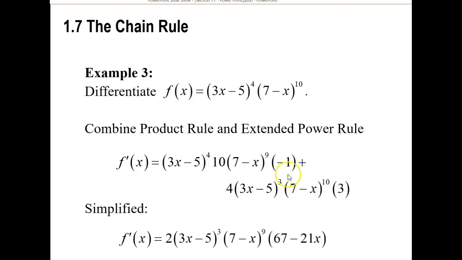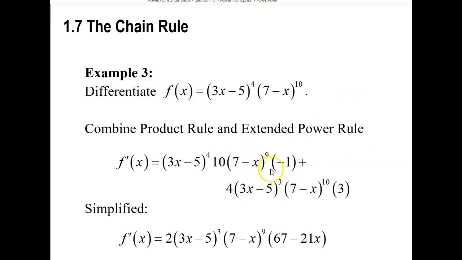All right, and then cleaning that up a little bit here. So what they've done here is basically, they didn't really show the steps, but to get all the way to here, so this plus sign means you have two terms. So notice there's a common factor of 3x minus 5 to the fourth here and a 3x minus 5 to the third, so that there's a common factor of 3x minus 5 to the third.